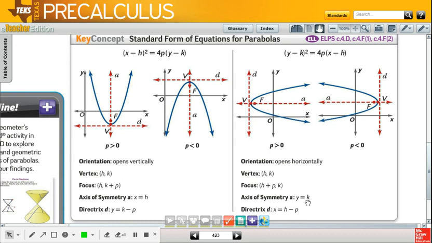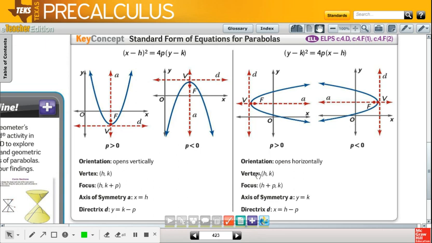So when you are to graph this with a given function, you must follow this information to help you graph easily. If you don't find the vertex, the focus, the axis of symmetry, or the directrix, it'll be hard to graph, and you would have to go back to the basics of plugging in points, working out your y values, and then getting coordinate points.